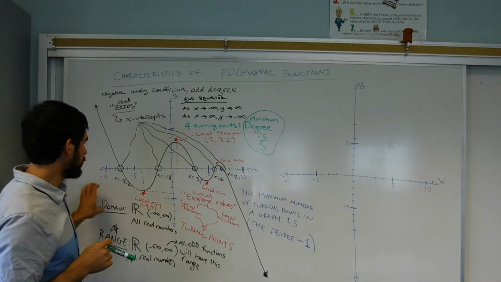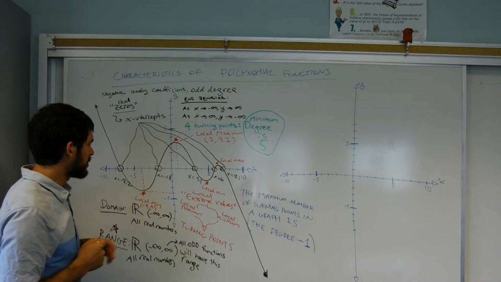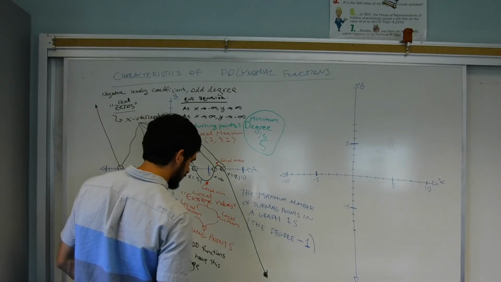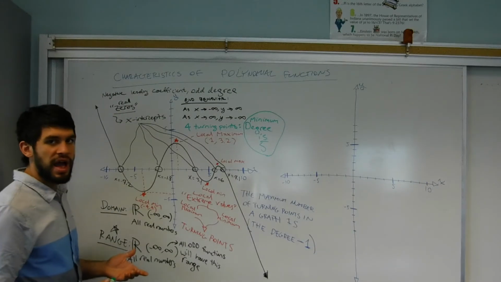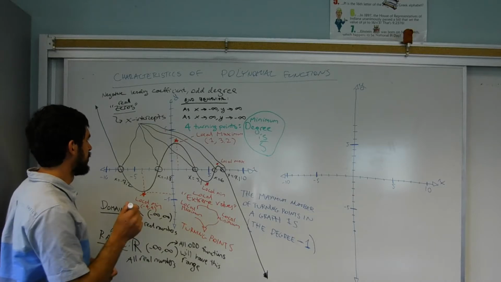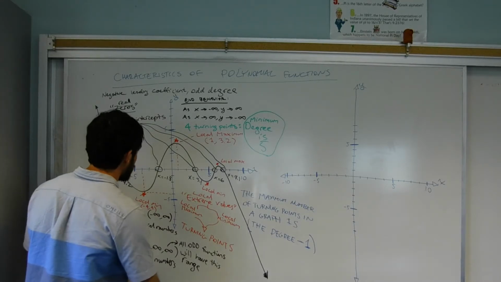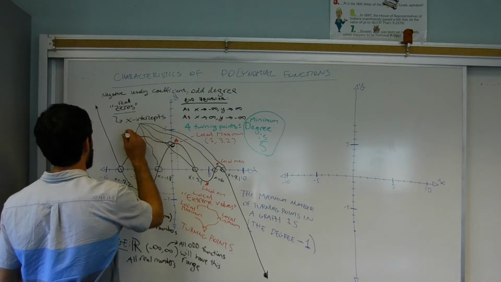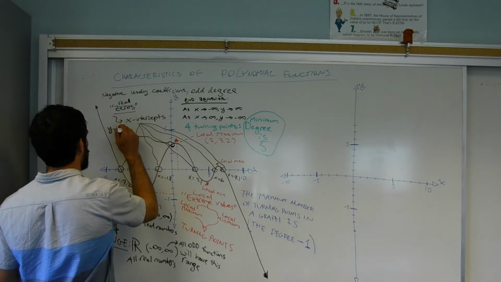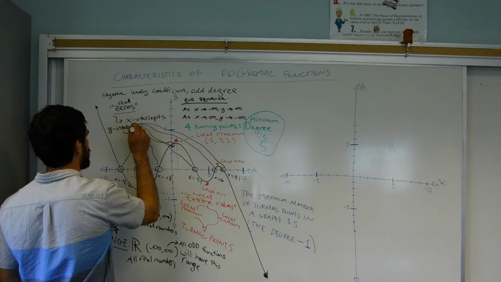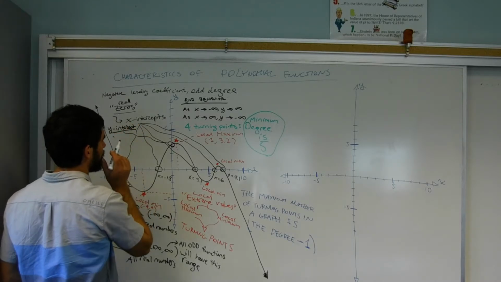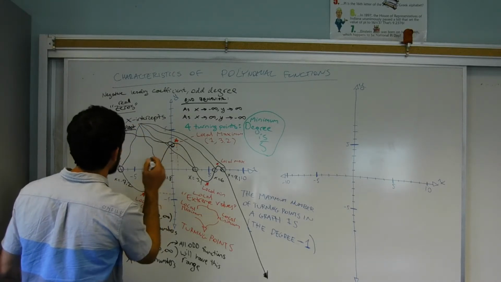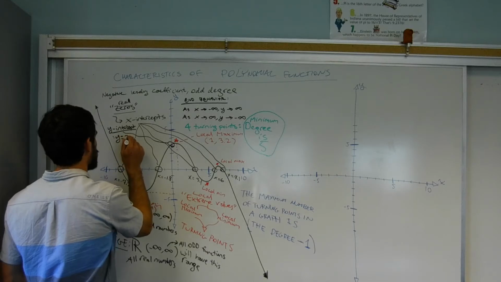And I think the only thing left that I want to go over with this is that, as with all our graphs, we have a y-intercept. So this would be our y-intercept, which is about y equals 3.